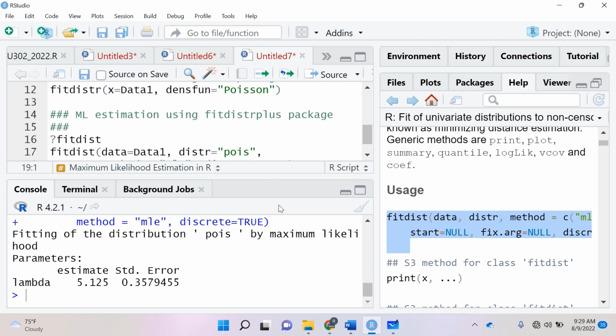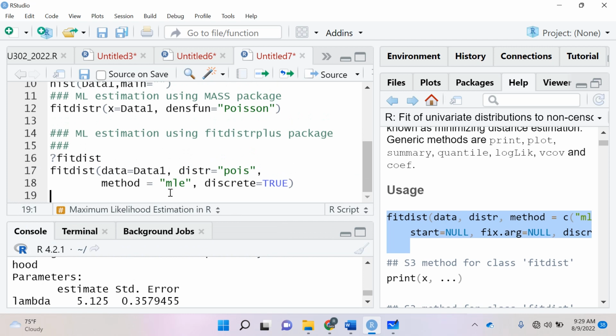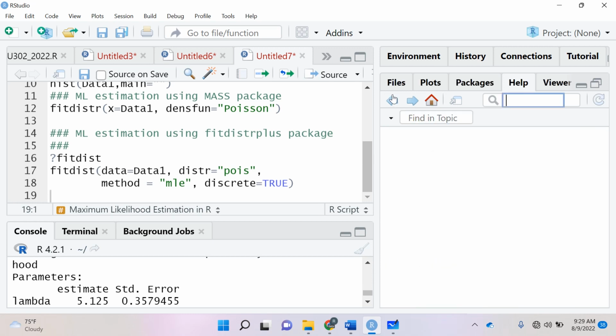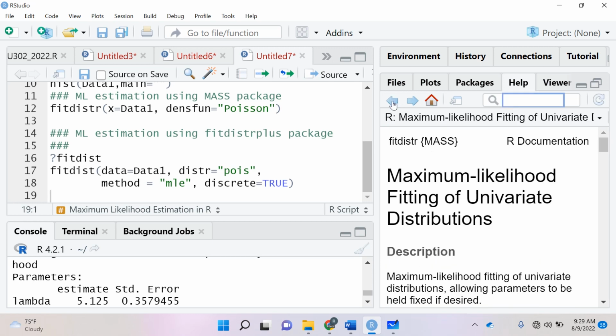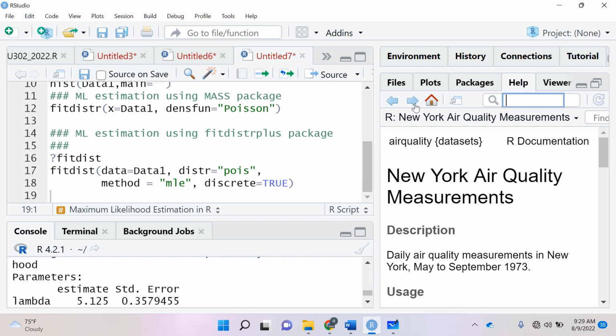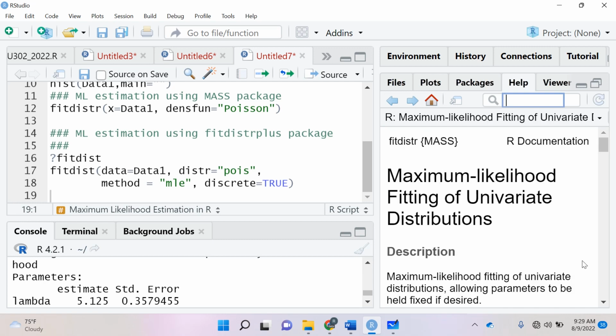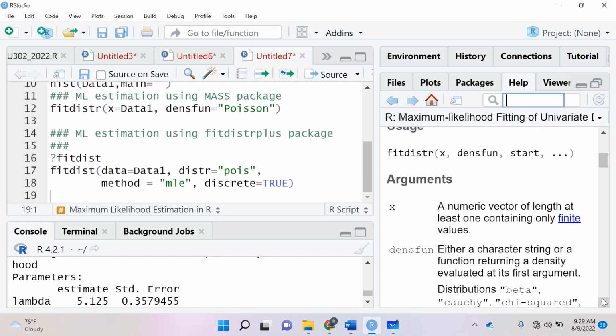Now why is it that we have differences between the ML estimation, the MASS package, and so forth? If we go to the MASS package, I can go back to show you. By default, it uses a procedure.